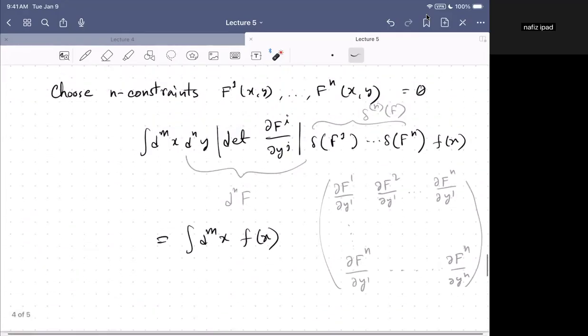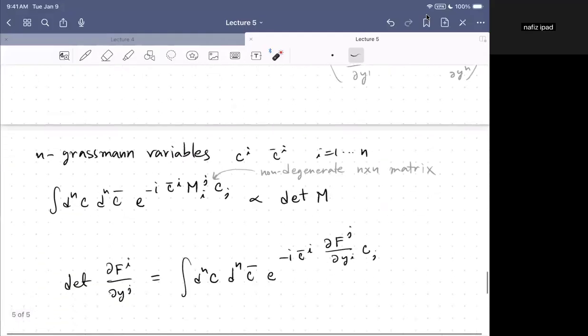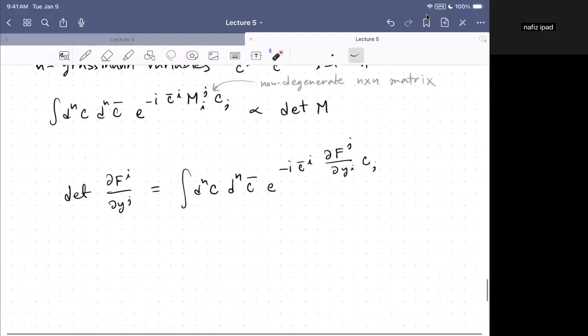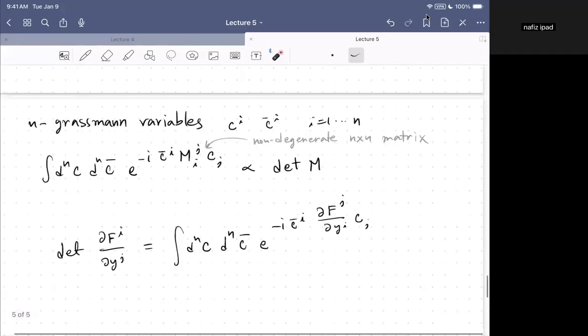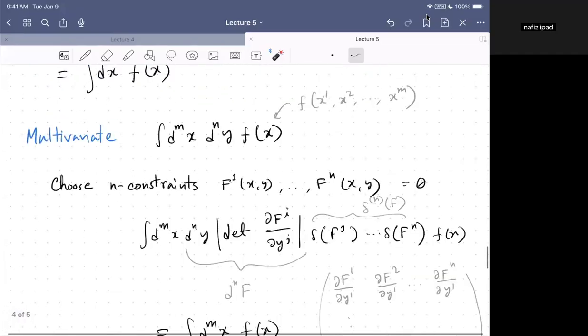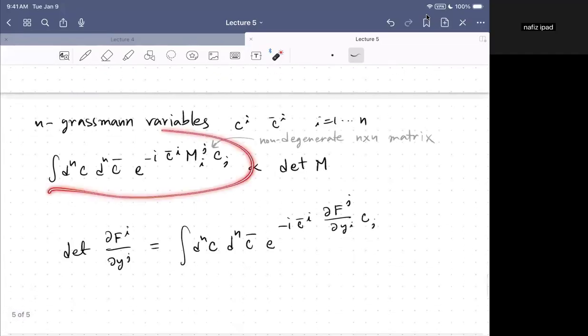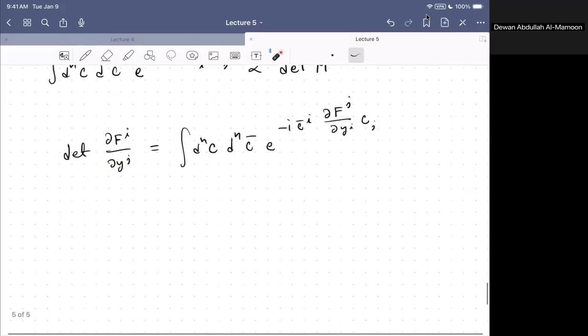There are examples where you have to do that, but it's not the first thing that you would try, because on the nose you have a determinant of something, which is given by a fermionic Gaussian integration. So that's the straightforward thing to do. Okay, thanks. Yeah, not a problem.